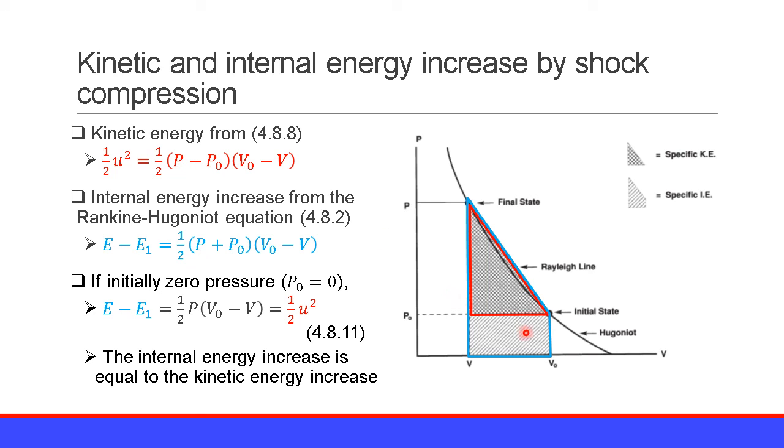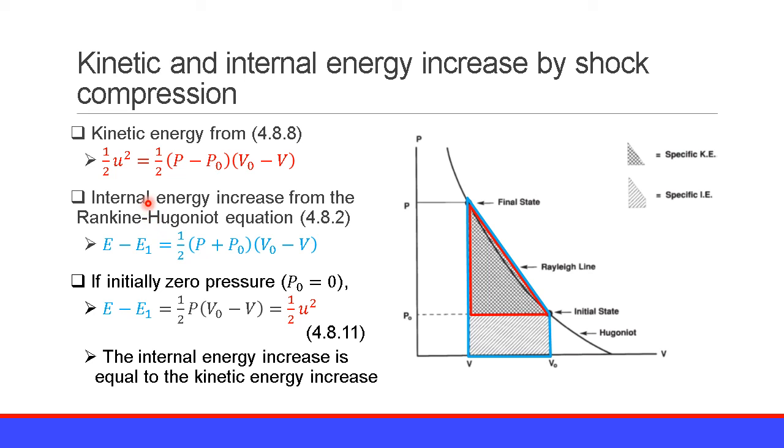In this figure, this quantity is equal to the area of this red triangle. This length is v0 minus v, and the vertical length is p minus p0, and we divide by 2. Therefore, it is the area of this triangle.